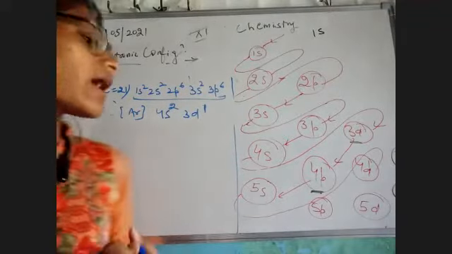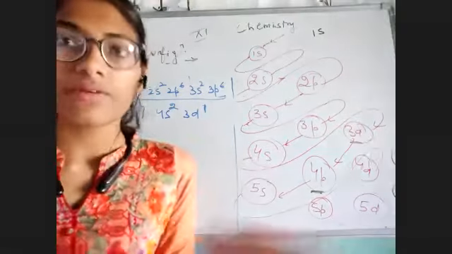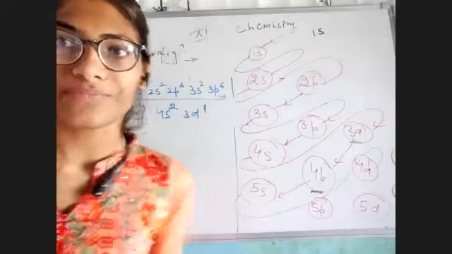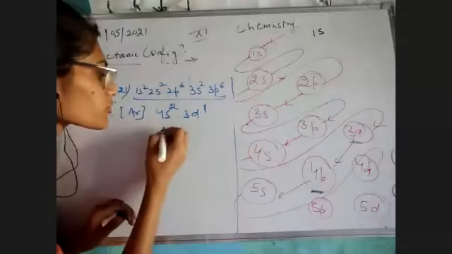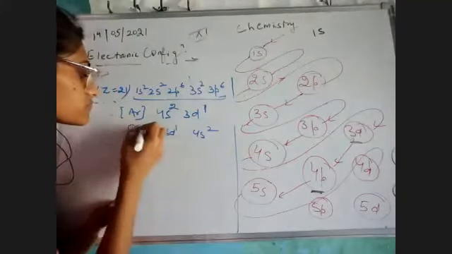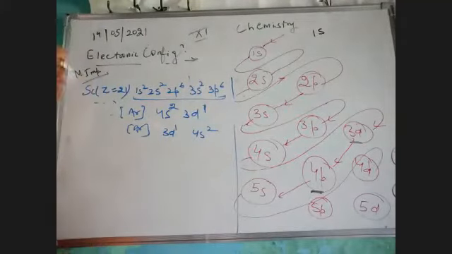Right? Argon 4s2 3d1 or 3d1 4s2, just to make it a little bit beautiful. So this is scandium, Z equals 21.